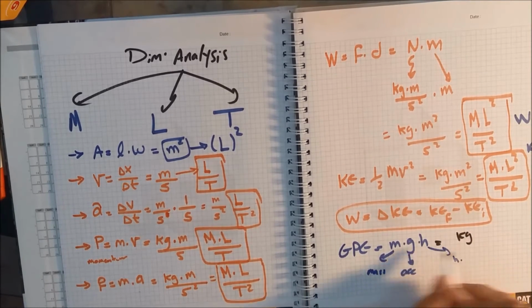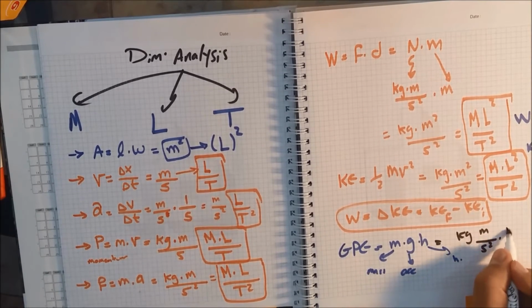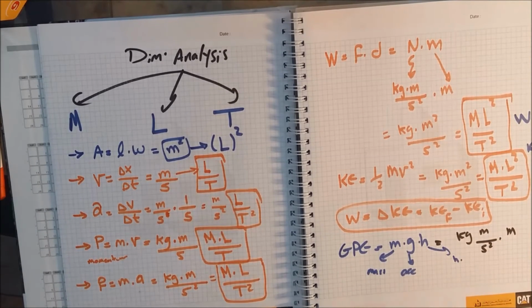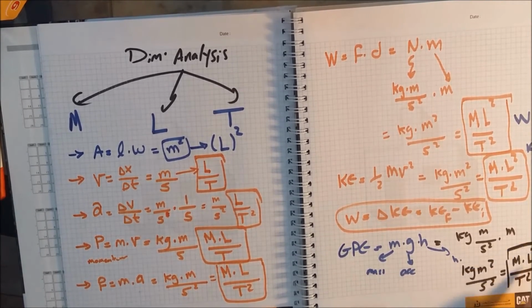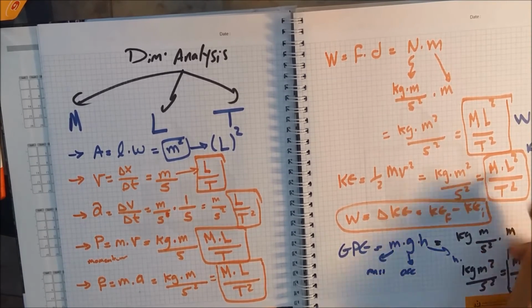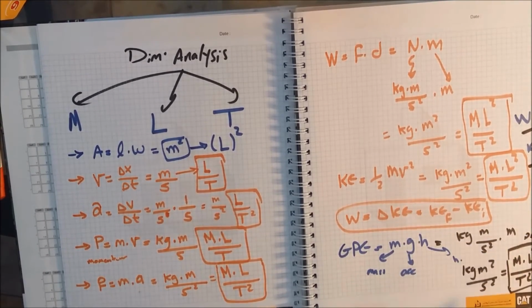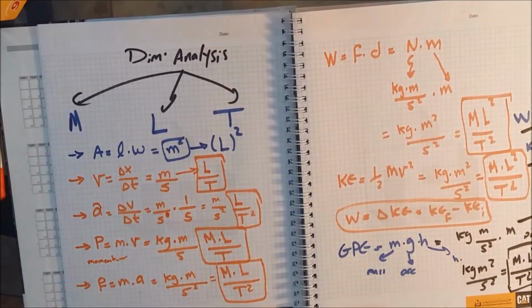Mass is in kgs, g is an acceleration, so it is meters per second squared, and the height is in meters. Simplify it, so it would be kgs meter square over second square, and you will find that kg is M, m square is L square, and s square is time square. And we have proven that the three values, the work, kinetic energy, and potential energy, have the same dimensions, which means that we are correct.